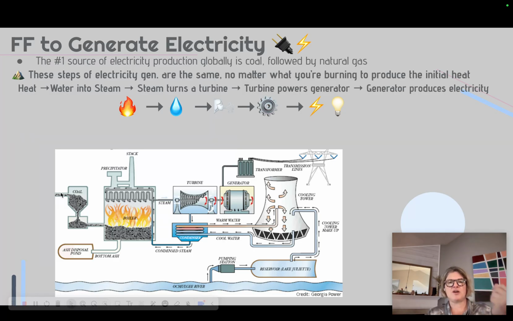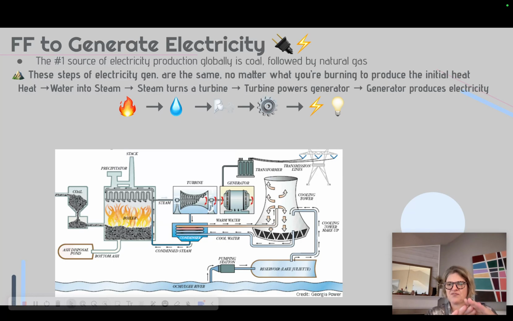But essentially, you need to know we've got a fuel, it is going to be burned. The heat from burning that fuel is going to heat up water to generate the steam. The steam turns that big fan called a turbine. You need to know that word. The turbine is connected to an electromagnet generator, which generates electrons, which are going to flow.